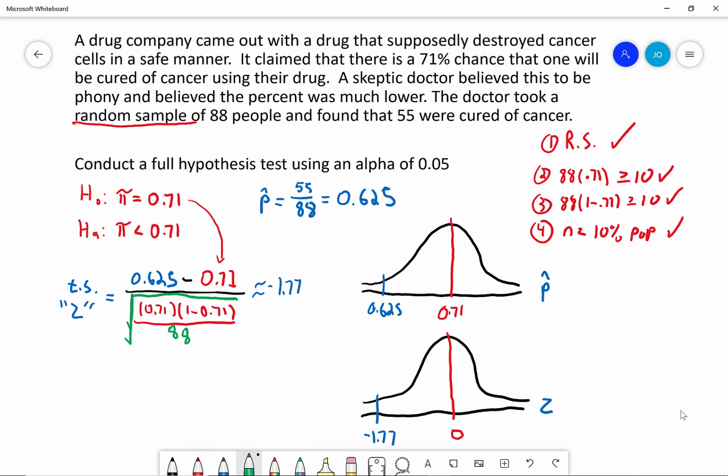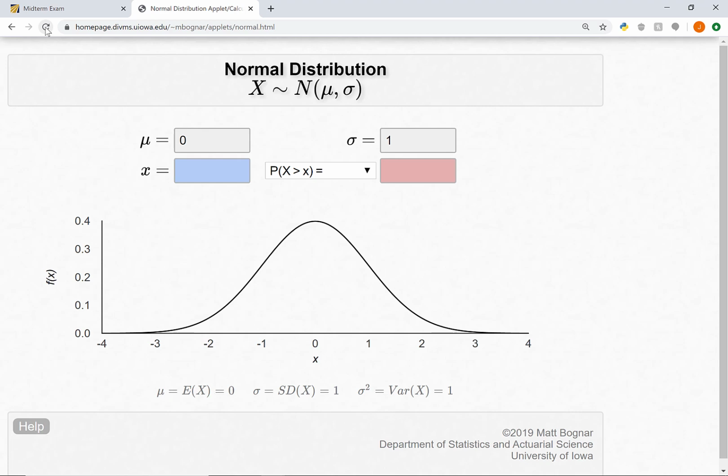Now, since our HA is less than, to find our p-value, we would look for all of this shaded area. And that would be our p-value. To do that, we'll go to our distribution calculator. Here we have our distribution calculator, and all we're going to do is input the value negative 1.77.